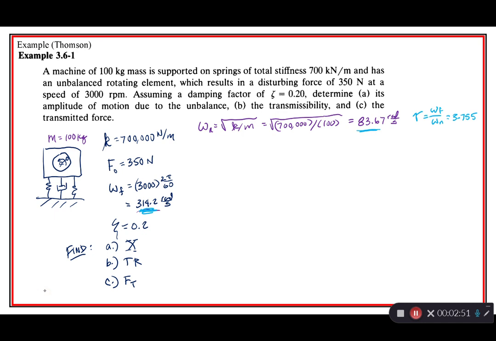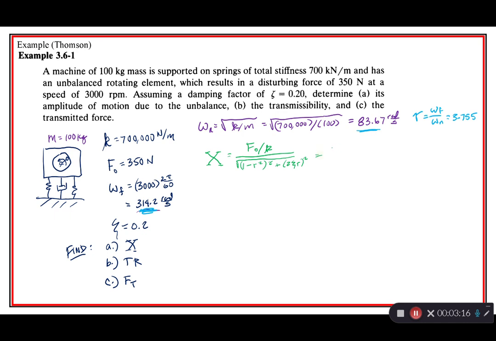Now we can jump to the equation we've been using for much of this forced response stuff, which is F0 over k over the square root of 1 minus r squared, quantity squared, plus 2 zeta r quantity squared.